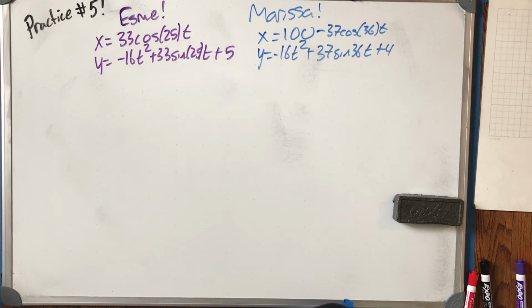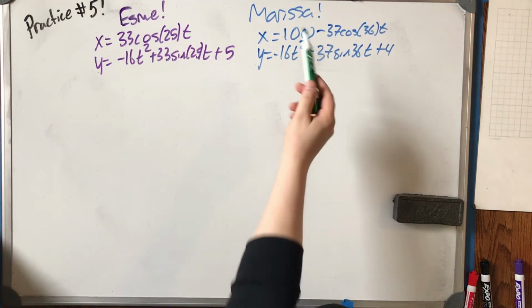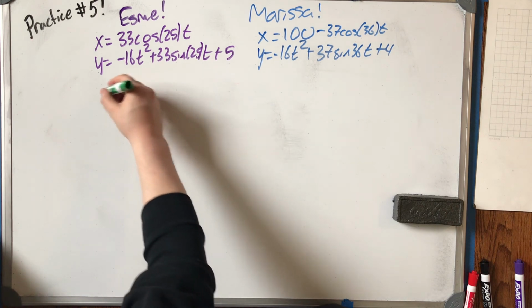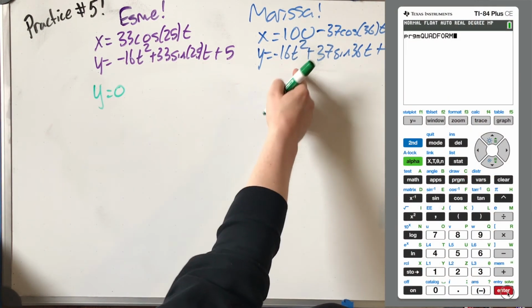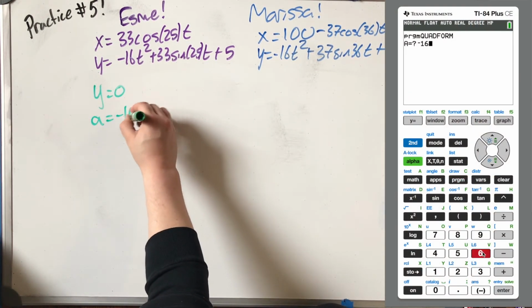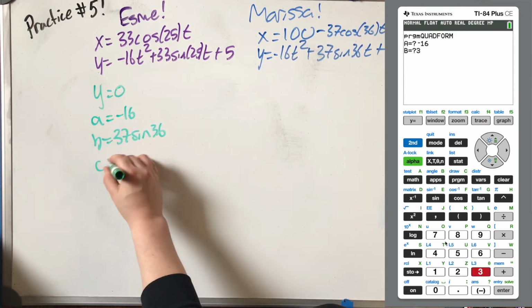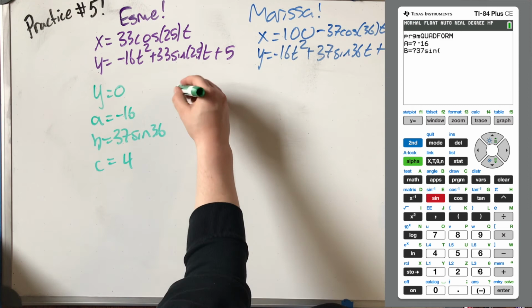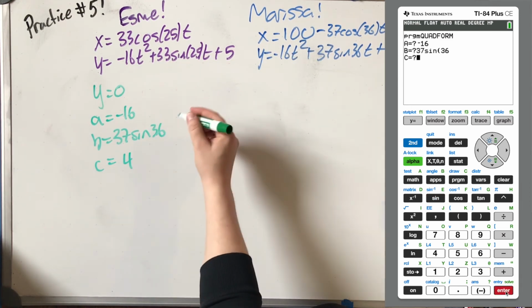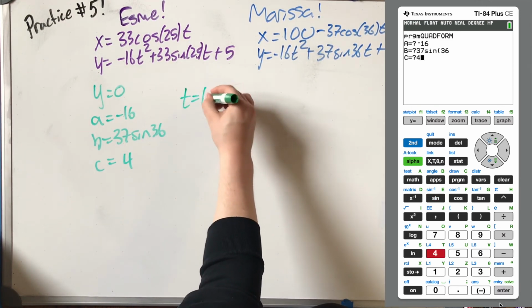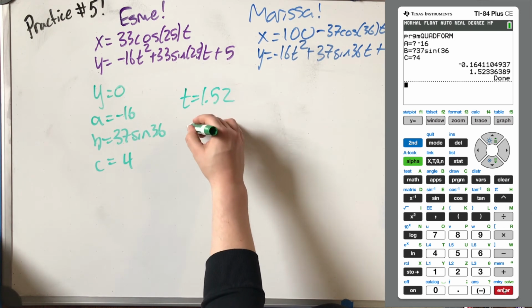Let's see if Marissa had better luck. Same exact idea. We want to know, does Marissa's Frisbee reach Esme? So I'm going to do y equals 0 using Marissa's equations now. So a equals negative 16, b is going to equal 37 sine 36, and c is going to equal 4. And doing the quadratic formula, I'm going to get 1.52, which I store.